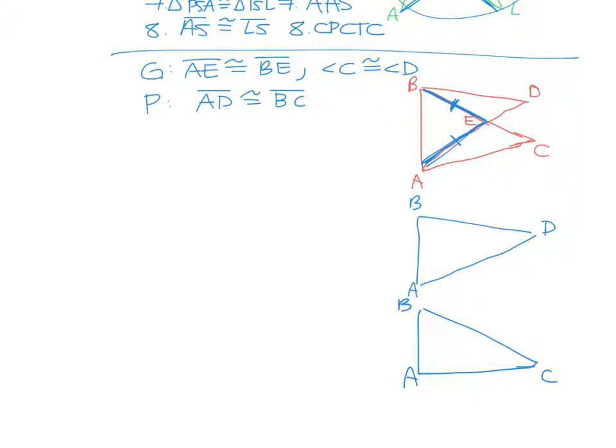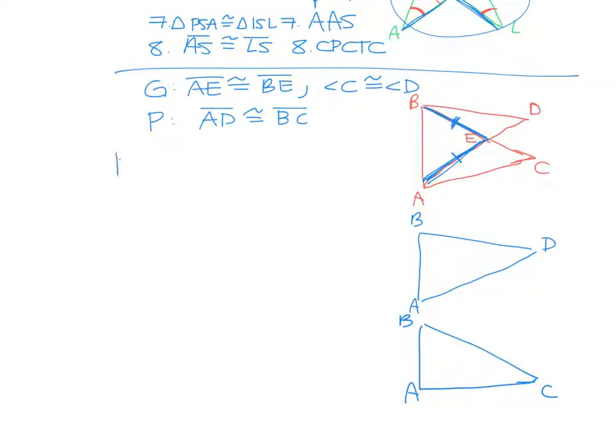Okay? So first step is you're given. Second step, we can say that these two angles, no, I lied, not those two. These two angles are congruent. So angle BAD is congruent to angle ABC because we said they are isosceles triangles, right?